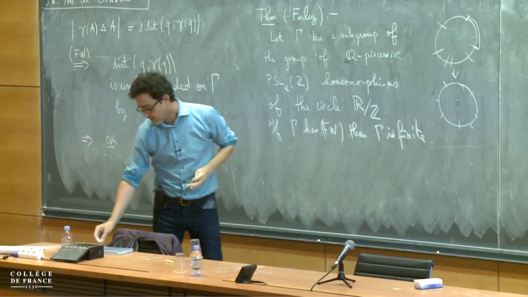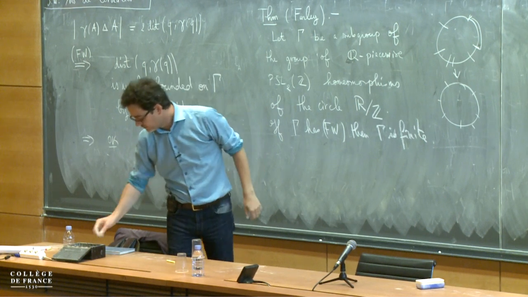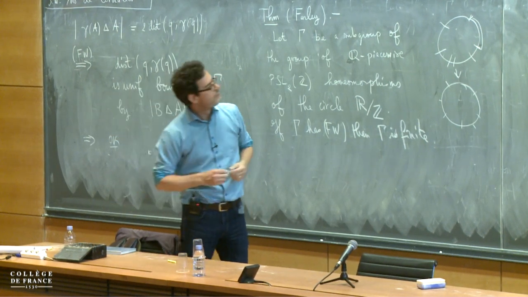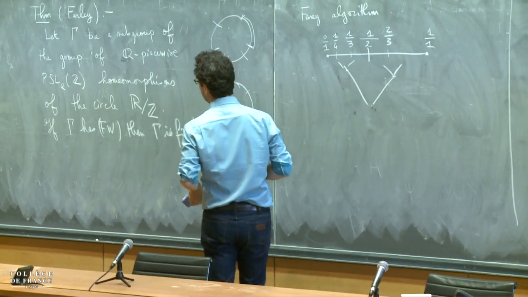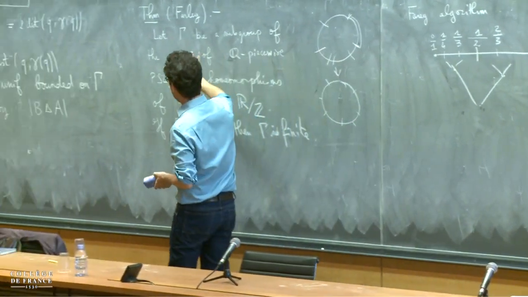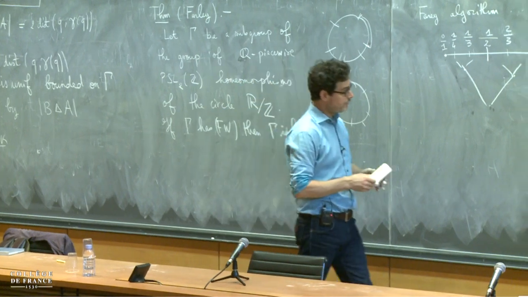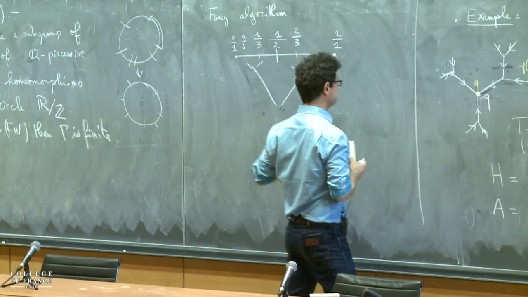Let me now use the last minutes to say how we prove theorem A, and how theorem B is related to these two statements for actions on trees and actions on circles.